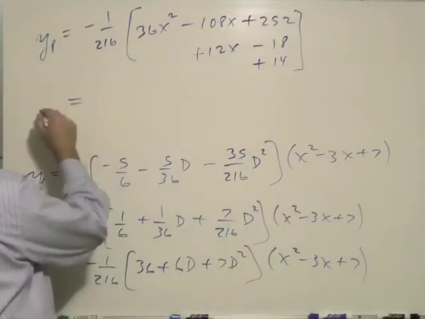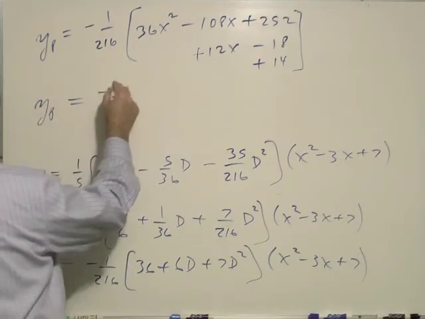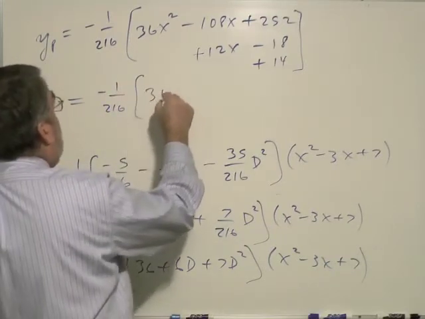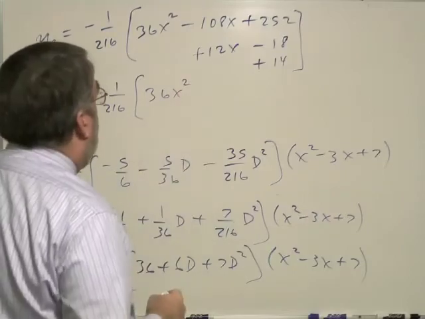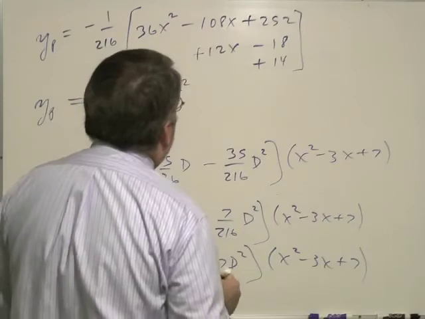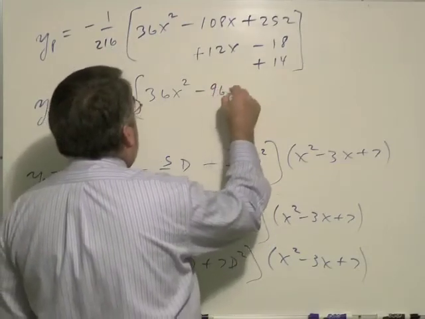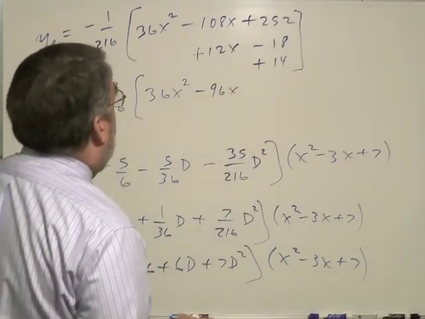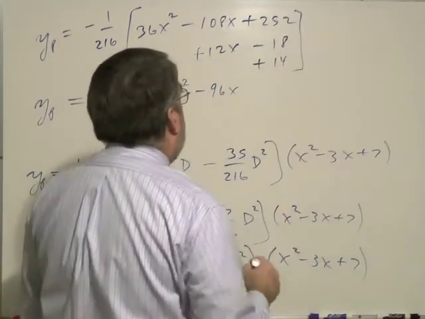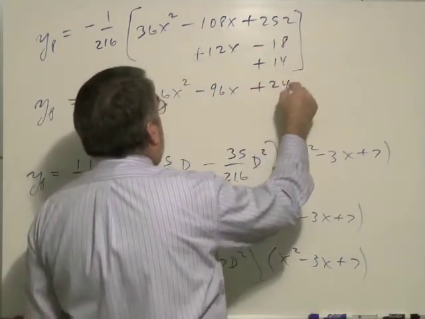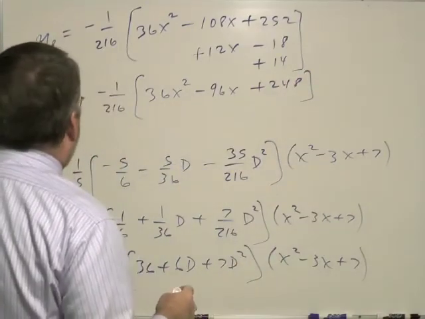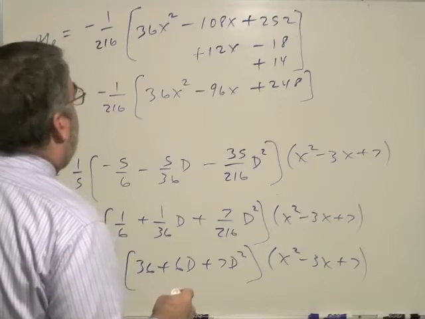Okay, so y particular would be minus 1 over 216, bracket 36x squared, and minus 108 plus 12 is minus 96x, and that's minus 4 plus 252 is plus 248. Now we should be able to reduce that, I think.